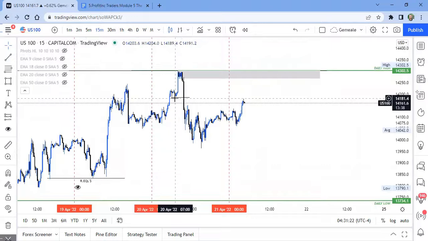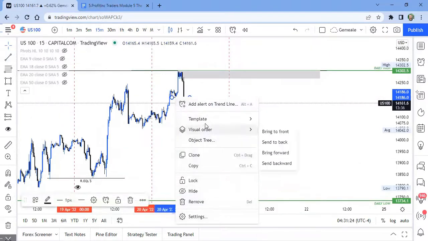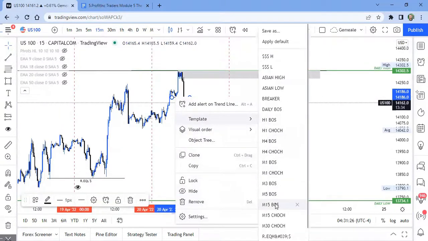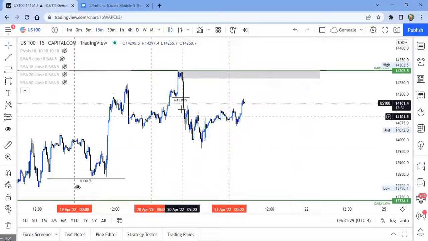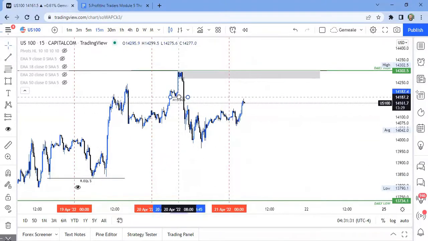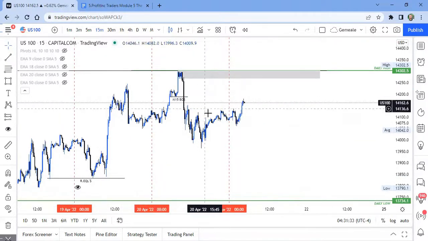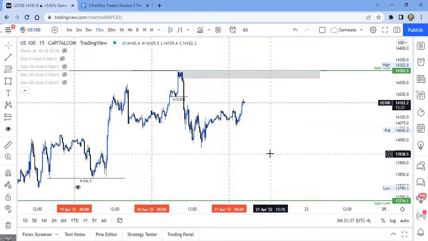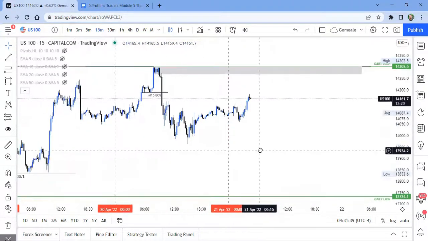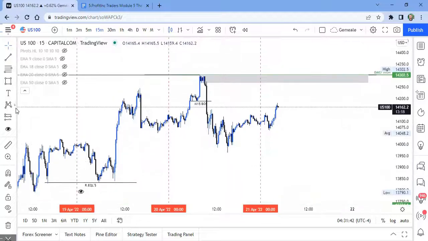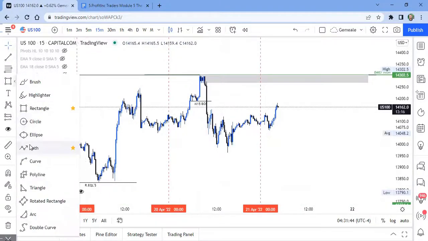We can highlight this here and say we have a 15-minute break of structure. Great. And now we just wait. So that's how we formulate a trade idea, guys.